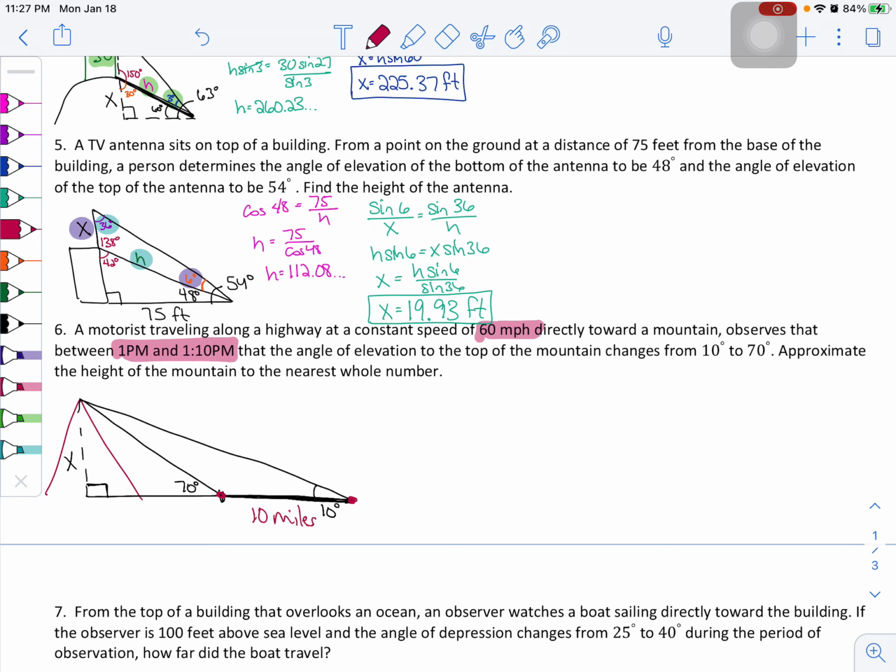Now, if you don't have nice round numbers, you can always, and I'll put this off to the side, take your speed, your rate, times your time, which in this case is 10 minutes out of 60. The reason I put it that way is, if this is miles per hour, you need to have your minutes in terms of hours.